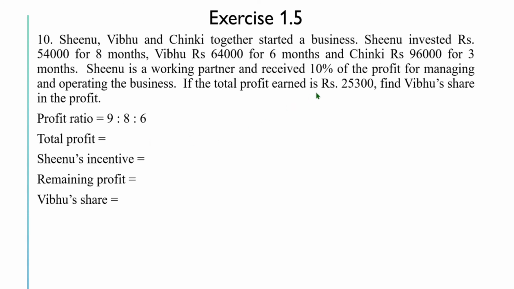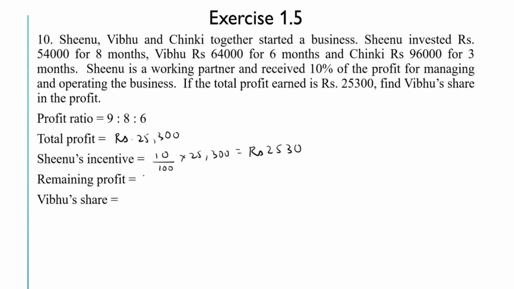Now the total profit is given as rupees 25,300. Sheenu's incentive is 10% of total profit, that is 10 by 100 into 25,300, which is rupees 2,530.